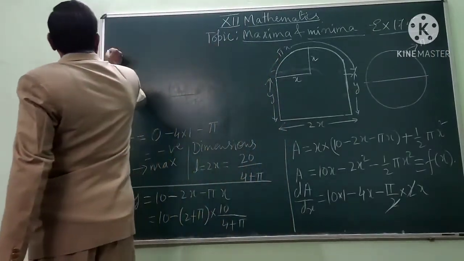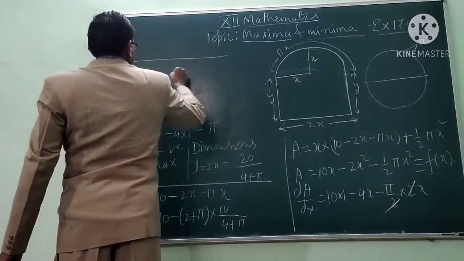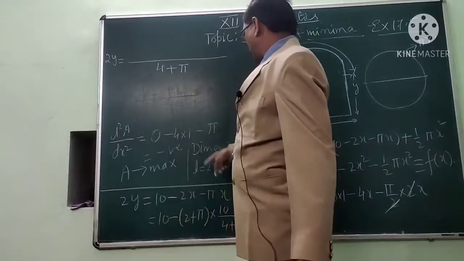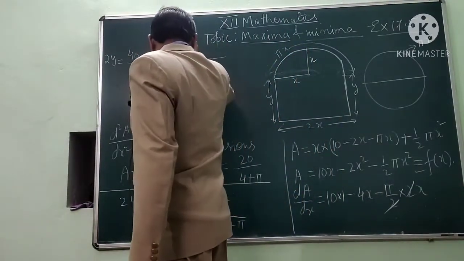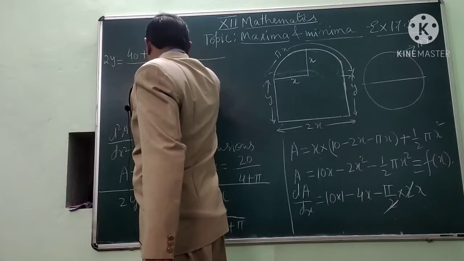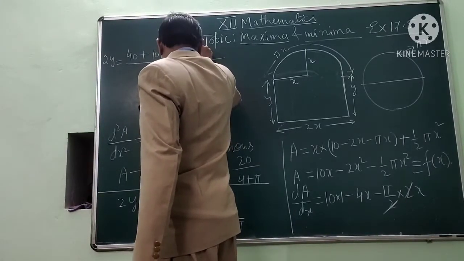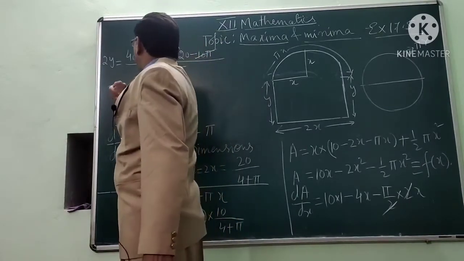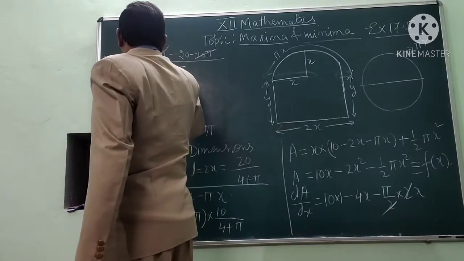Now 2y equals, let us take the LCM. LCM is 4 plus pi. Then it is 40 plus 10 pi minus 20 minus 10 pi. The 10 pi cancel. So 2y is 20 upon 4 plus pi.